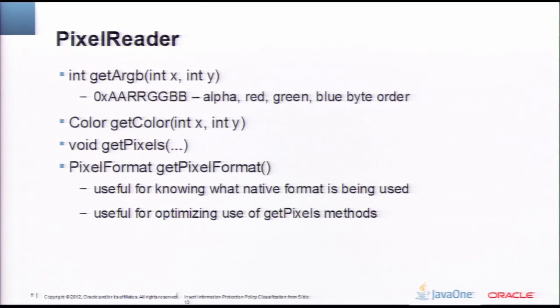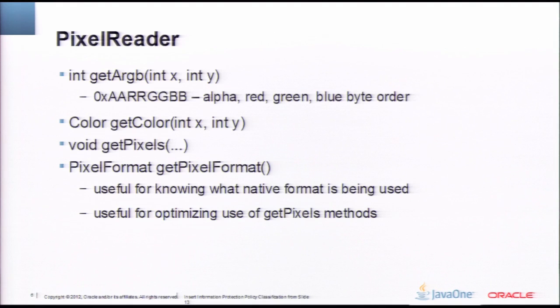So PixelReader is a pretty simple API. There are a few more methods than shown here, because you'll see that ellipsis there where I combined a couple of methods. Basically you can get an individual pixel either as an integer for quick convenience or as a color if you need an object to work with the color. There are several methods for getting pixels in bulk.